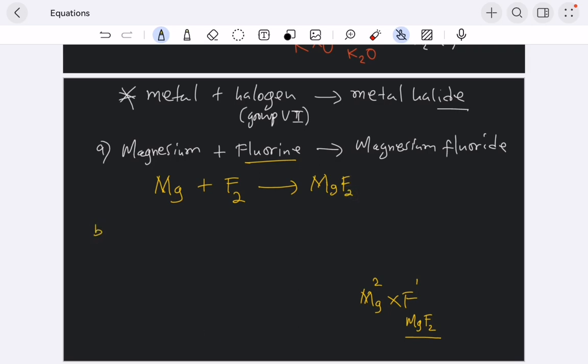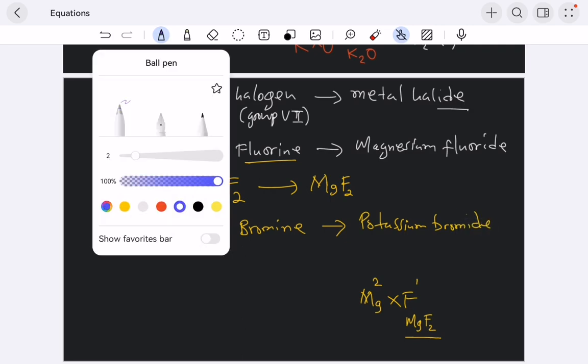Let's look at another one using potassium. Potassium plus, let's use bromine, reacts with bromine to produce potassium bromide. Then we're going to write the chemical equation.